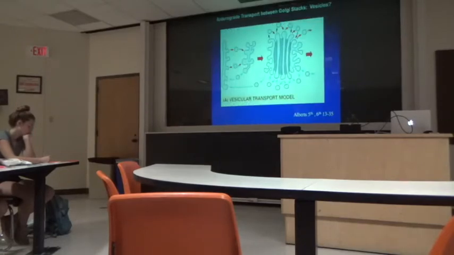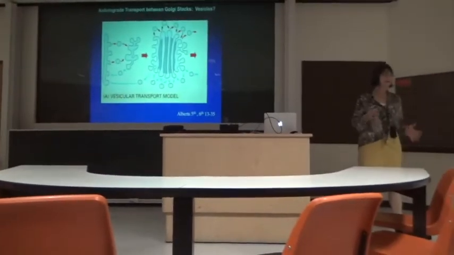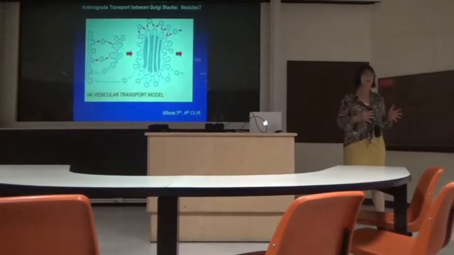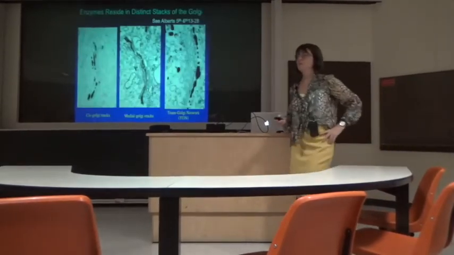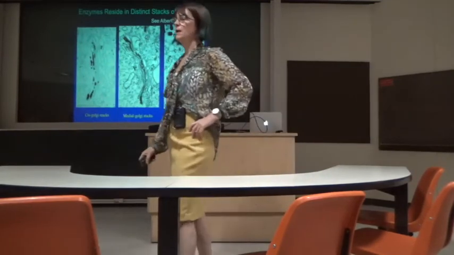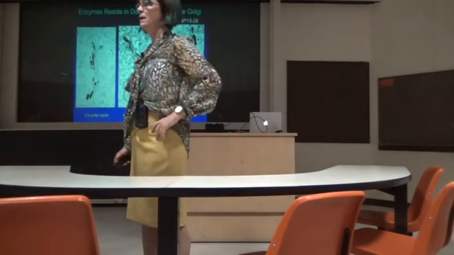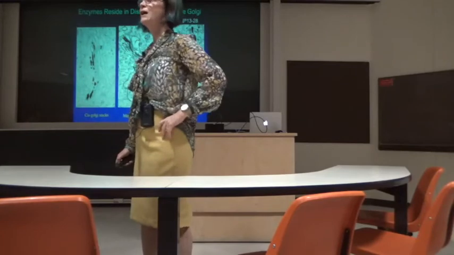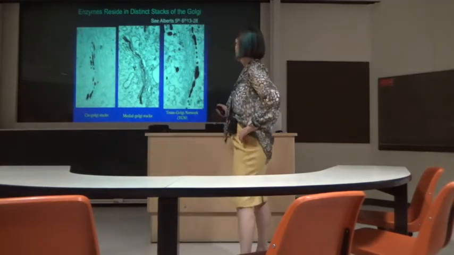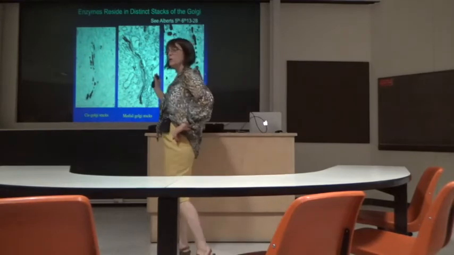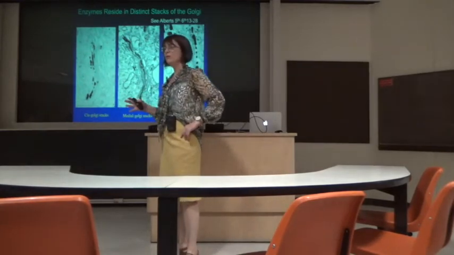Okay, so how do proteins get from the ER and through the Golgi? Yeah, question here. In the last slide, is it possible to use GFP to analyze this? Yeah, you could definitely use GFP. For example, you could tag one of these enzymes with GFP, express it, and you would see it in the Golgi.